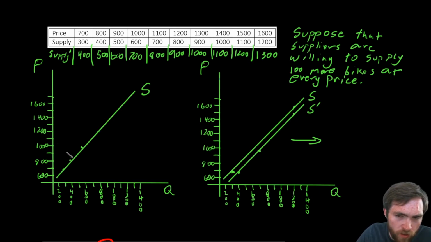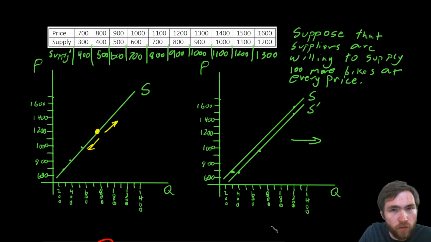Whenever we are talking about a curve shifting, a supply curve in this case shifting, that is a change in supply. That is distinct from, for instance, saying we are at this point where 800 is being produced at a price of 1200 and moving along the curve. So if we move along the curve, that's called a change in quantity supplied.